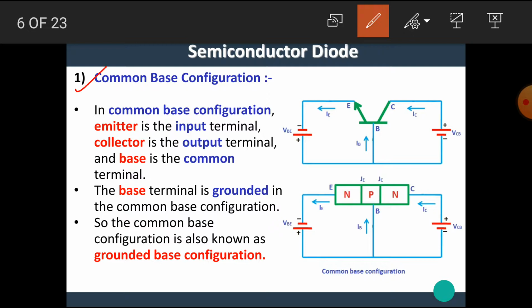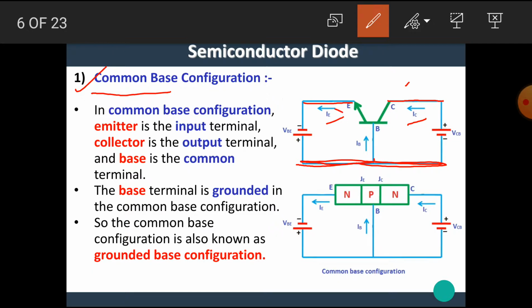First one is common base configuration. This is the diagram of common base configuration, in which, as the name implies, the base terminal is common between the input terminal and the output terminal. The emitter is the input side and the collector is at the output side. The current in emitter is IE and current in collector is called IC.